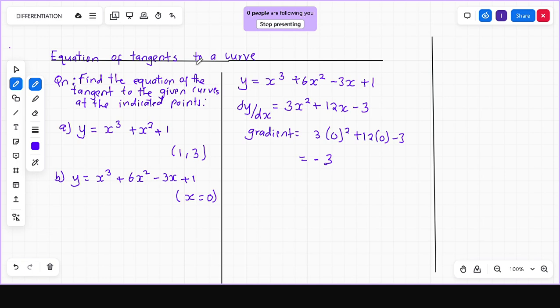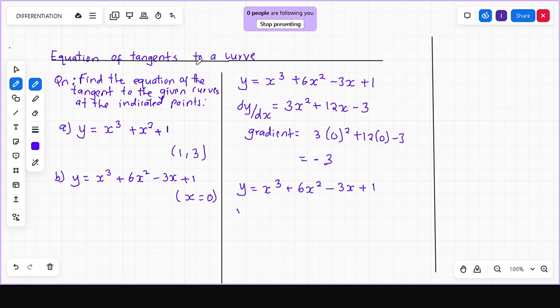Now you can see that in the second example we don't have the y coordinate, so we need to get the y coordinate. The equation of the curve is y equal to x cubed plus 6x squared minus 3x plus 1. The x coordinate here is 0.